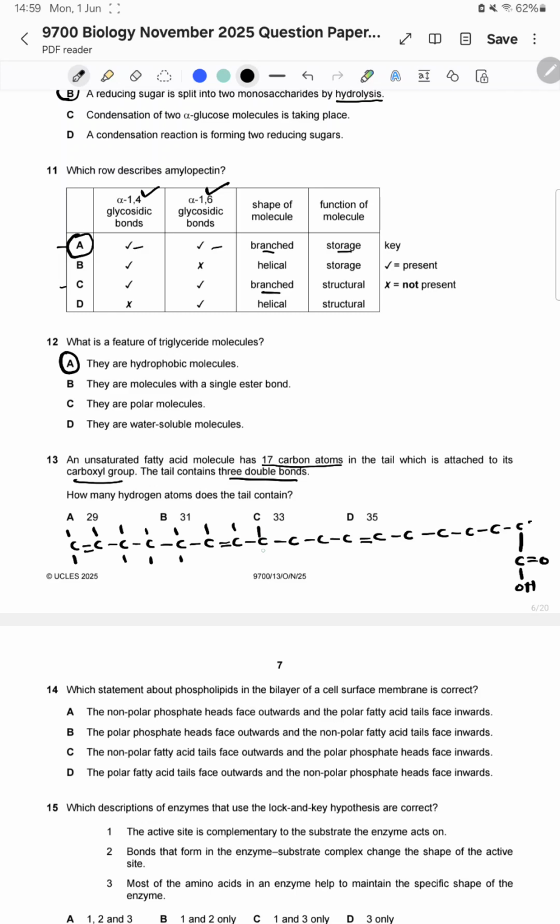You should not make more than 4 at any point. Okay, so I made all of them. Now we can count them. 1, 2, 3, and so on up to 29. So A is our answer.